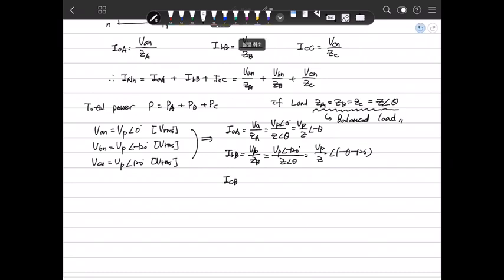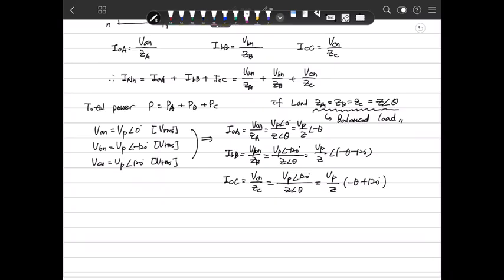In the same way, IC is VC over ZC, VP at 120 over Z at theta, which is (VP/Z) at minus theta plus 120.